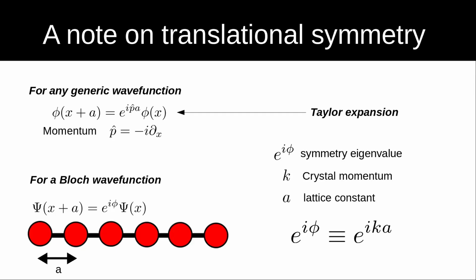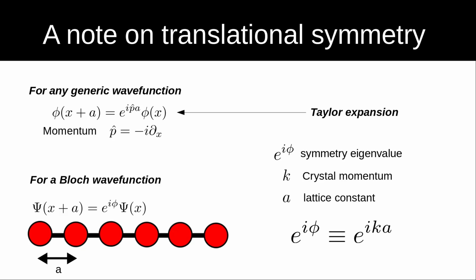Then what you can identify is that the phase that is picked up by the translational symmetry operator is essentially some sort of quasi-momentum times the lattice constant times how much you actually shifted your system in real space.